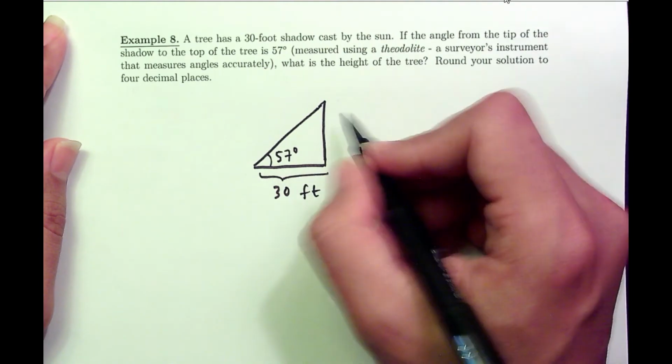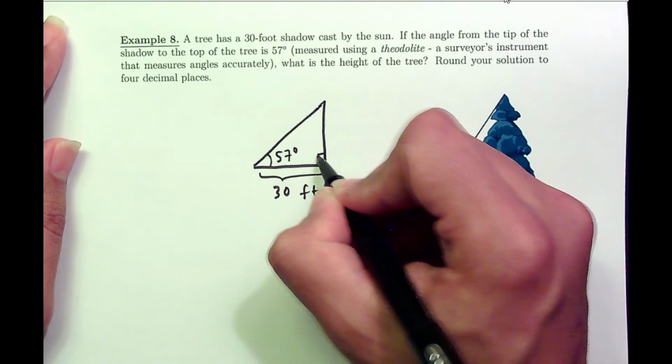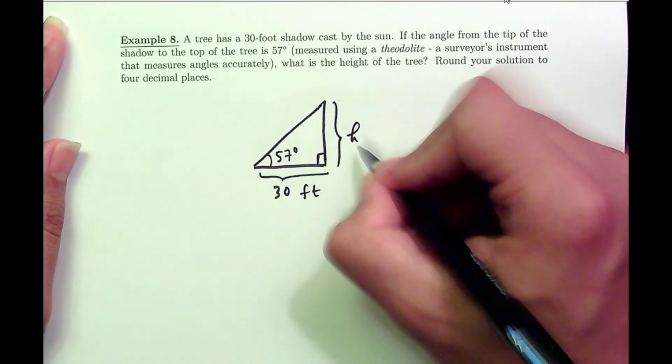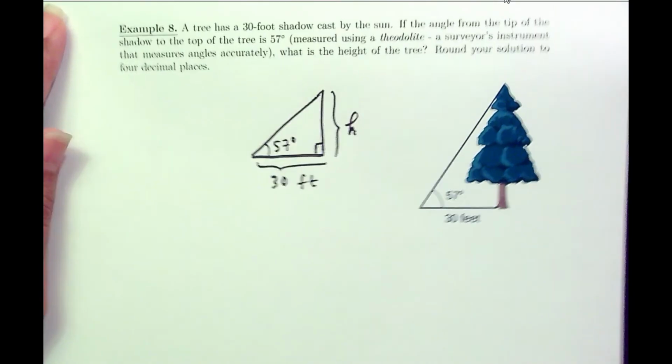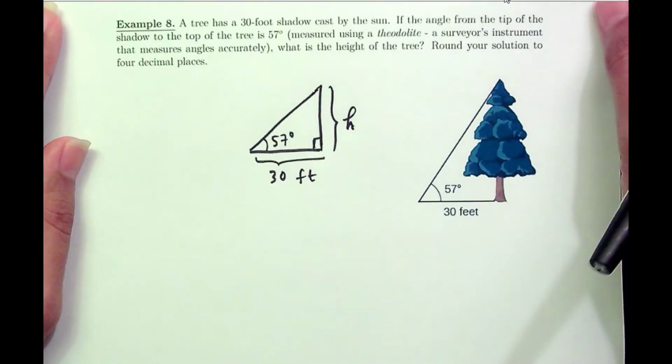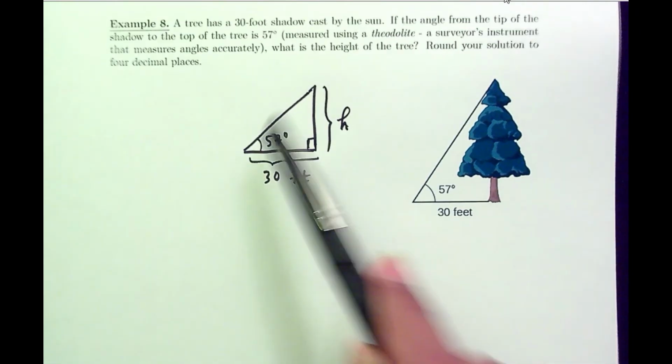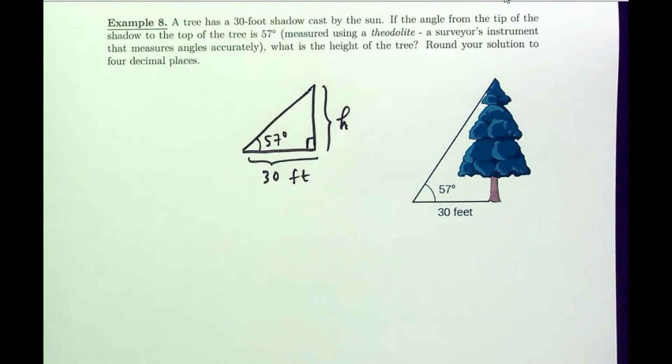And we're looking for the height of the tree. The question is, what is that height? Now we stop and think about the trigonometric functions and which one relates all these three things: that angle, that 30, and that h.